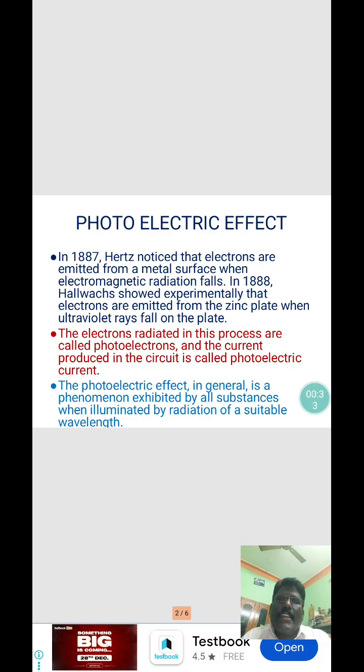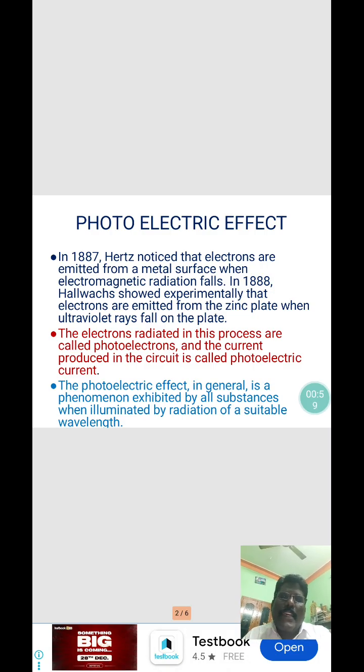In 1888, Hallwachs showed experimentally that electrons are emitted from zinc plates when ultraviolet rays fell on the plates. The electrons radiated in this process are called photoelectrons, and the current produced in the circuit is called photoelectric current.